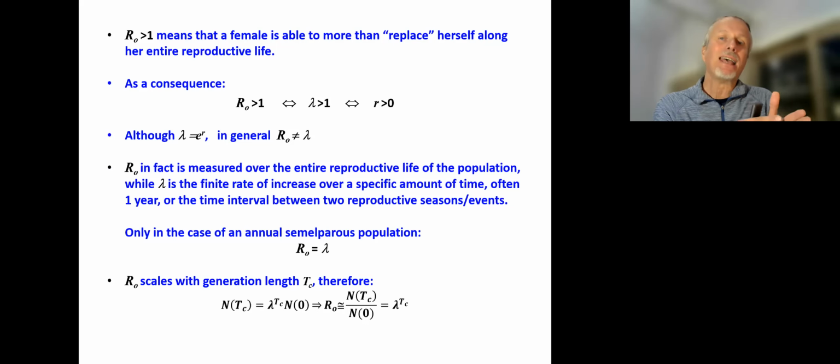So over a time interval similar to the length of a generation, R naught is equal to lambda to the power of Tc. That means that lambda is approximately equal to R naught to the power of 1 over Tc.